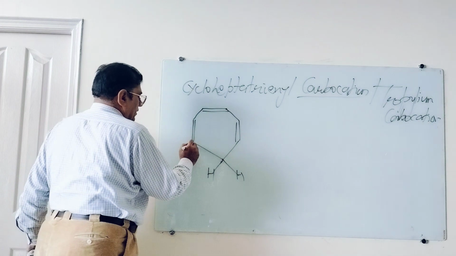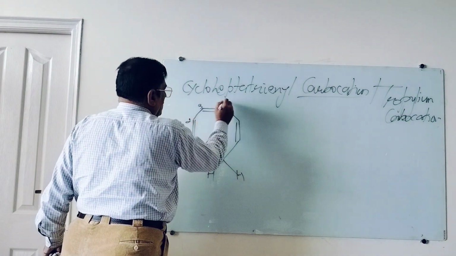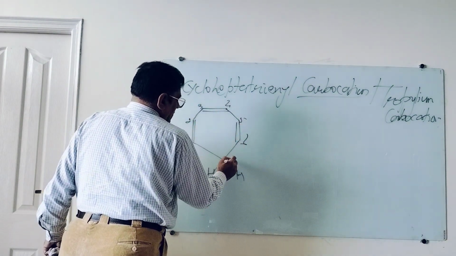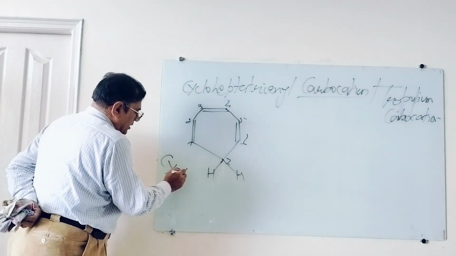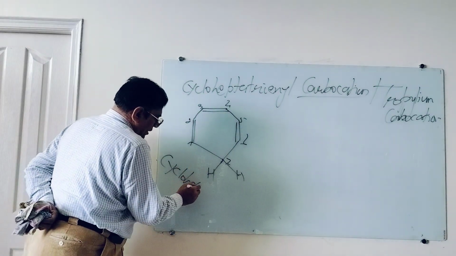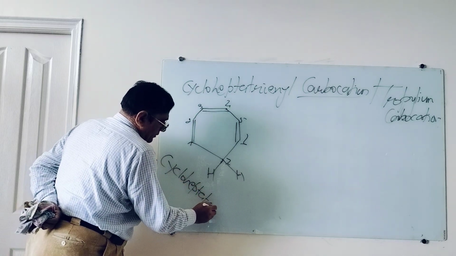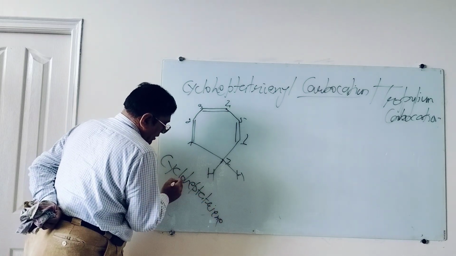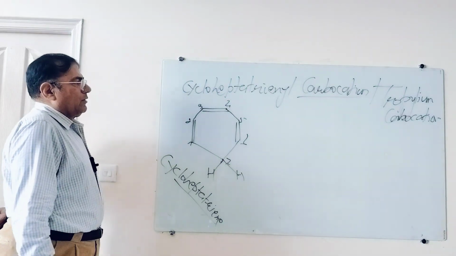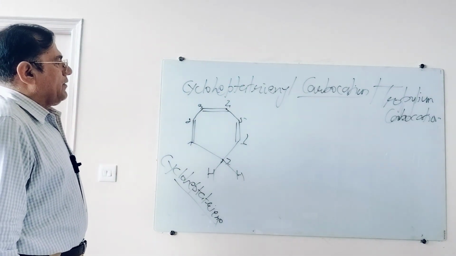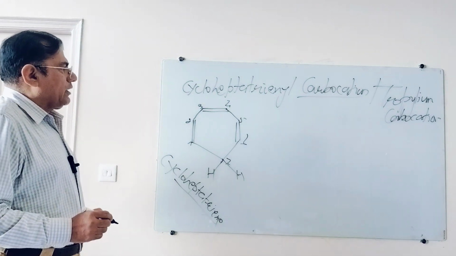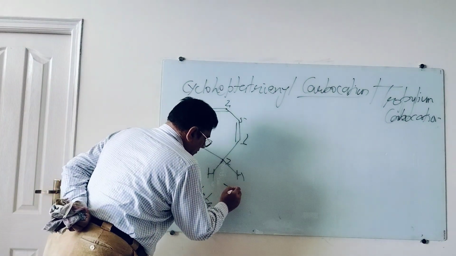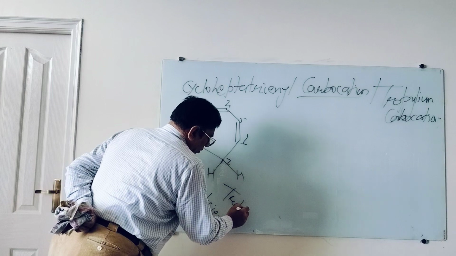How many atoms are there? 1, 2, 3, 4, 5, 6, 7. 7 carbons. This is cycloheptatriene. And we have to deal with cycloheptatrienyl carbocation, which is also known as tropylium carbocation.